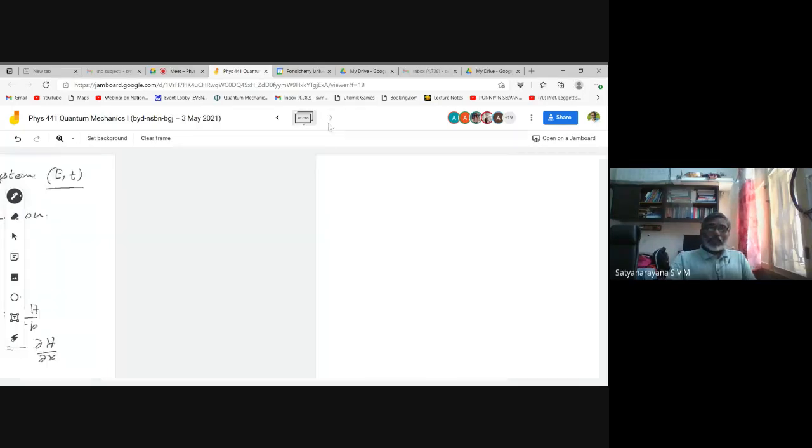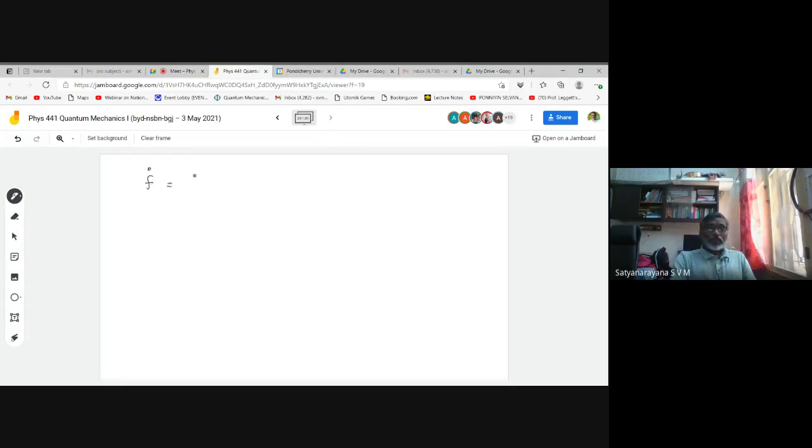If I substitute that here, then f dot is equal to dou f by dou x into dou h by dou p minus dou f by dou p into dou h by dou x. And this is what is called a Poisson bracket of f with h. I'm sure you have done this last semester. So that means f dot is equal to the Poisson bracket of f with h.